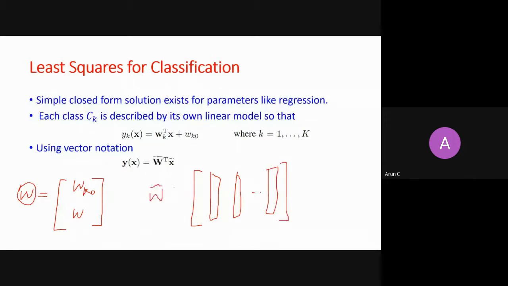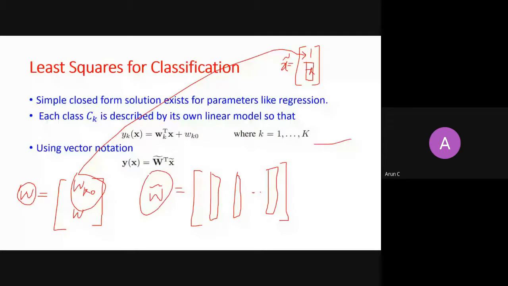Then my X is also an augmented vector, where the first entry is 1 and then X is there, just to accommodate the bias. That's why I have put this one here. So this is my augmented X vector. I take the transpose of this W tilde. Then all my hyperplanes come into row-wise fashion, so each row is one hyperplane.